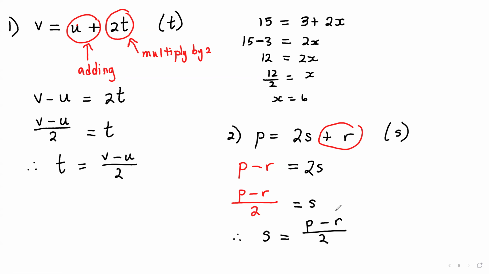All right, guys, let's do another one together. Josh, let's do one. If I have v is equal to u minus 3t, and I want to make t the subject, what would I get rid of first, the u or the minus 3?